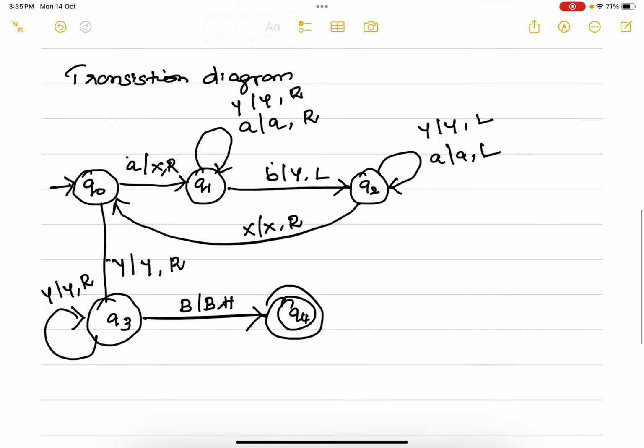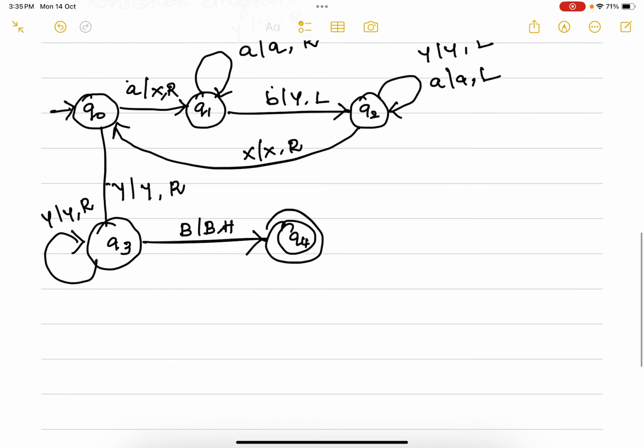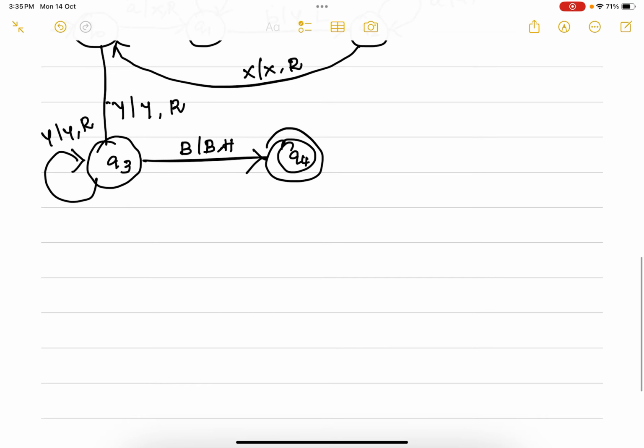Here comes the transition diagram. What about the transition table? So you have the delta transition. You will be considering Q and tape symbols. There will be a change in the state and tape symbol with a left or right operation.